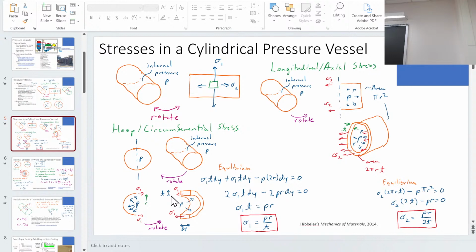You see here, he names a PC and a P. So in this case, P is what we're considering to be the gauge pressure.